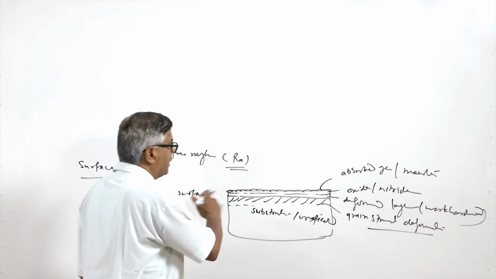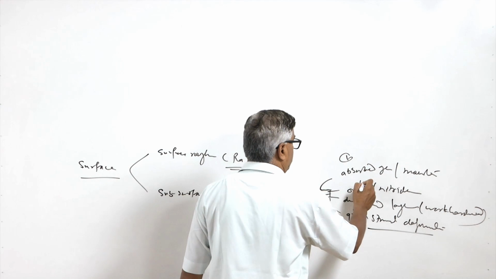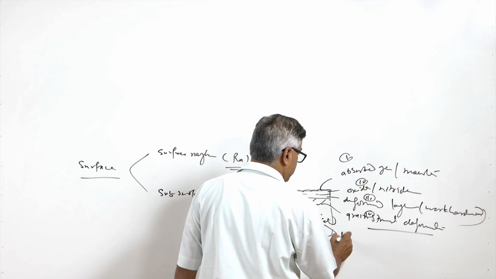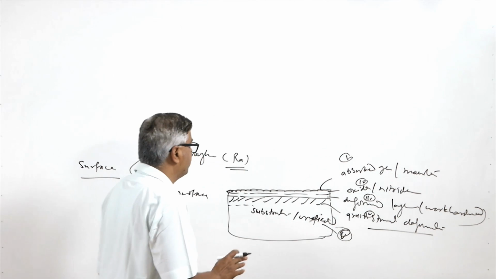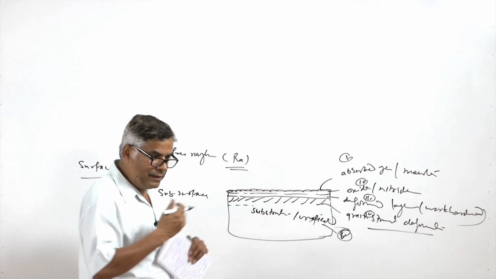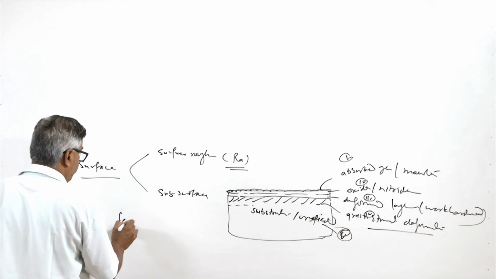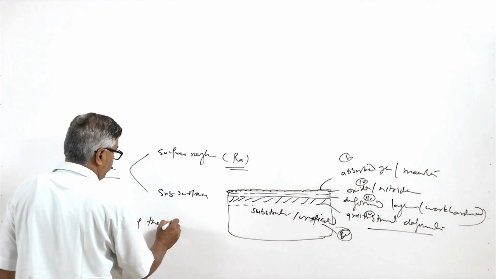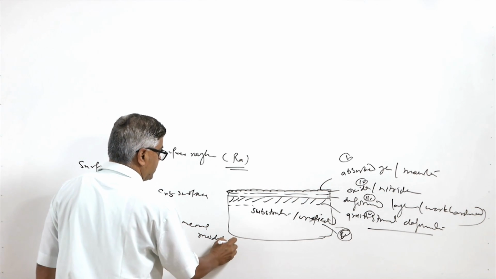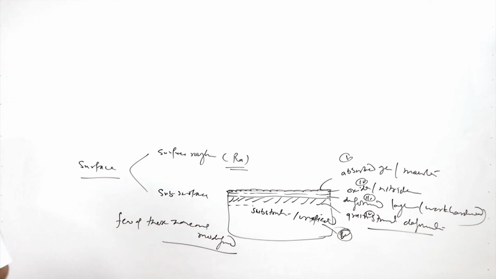So any surface will have these five types of zones: 1, 2, 3, 4 and 5, the unaffected zone. In surface modification, either two or three zones are altered, so a few of these zones are modified during surface engineering for improved performance.